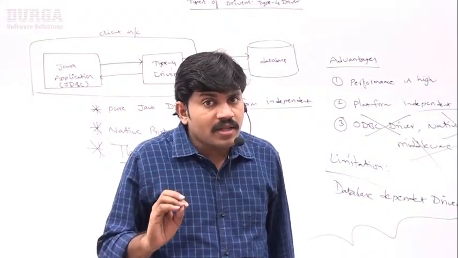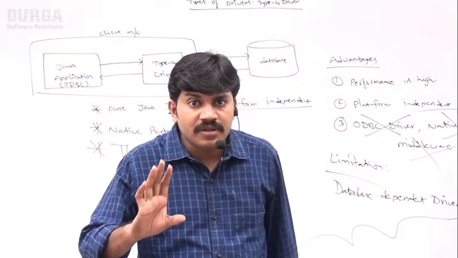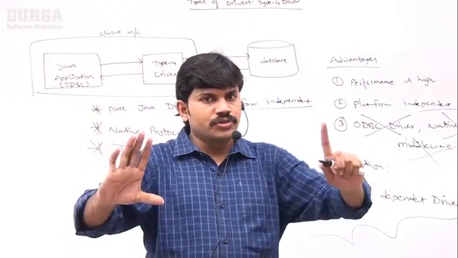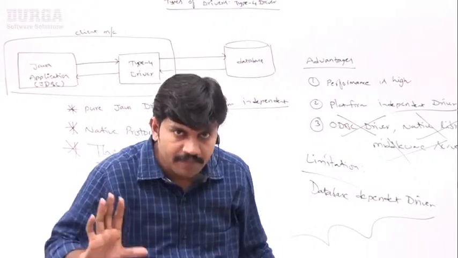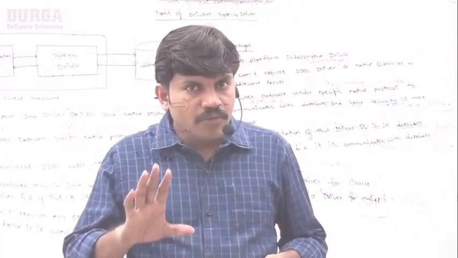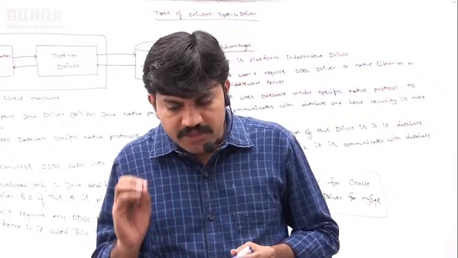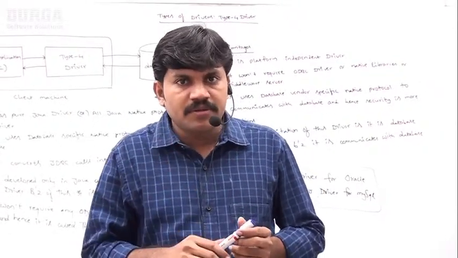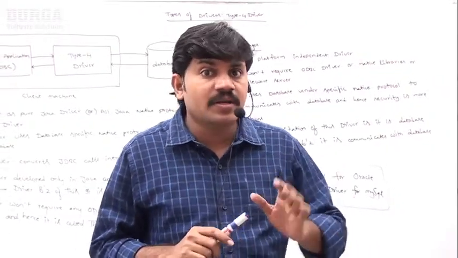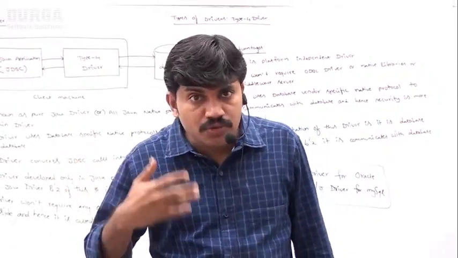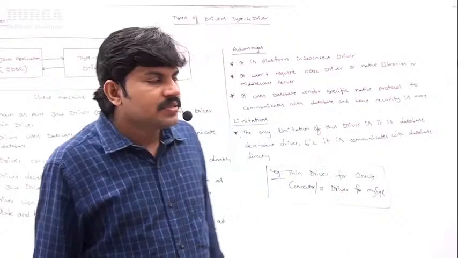So, what are the various advantages and limitations of this driver, and what is the architecture? You should have clarity. Now it is very clear what the type 4 driver is, what the functionality is, what the architecture is, and what the advantages and limitations are. So let me summarize all the things in notes style so that you will get much more clarity. Have a look.